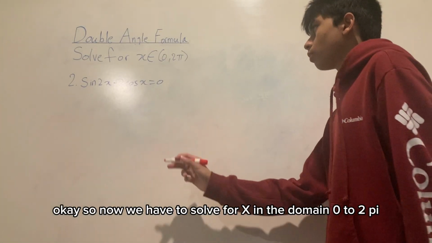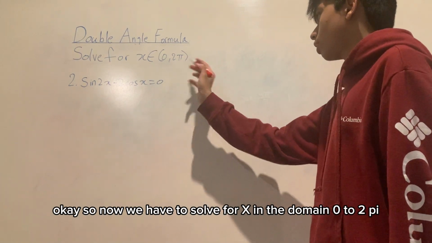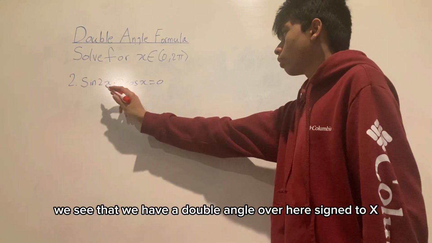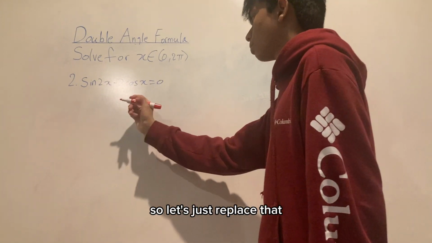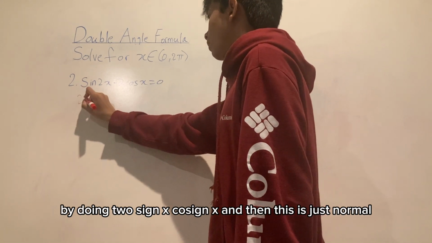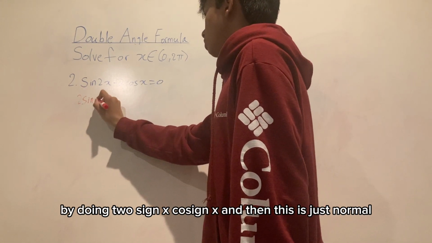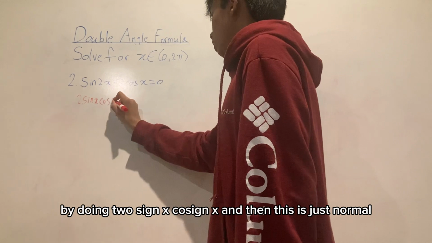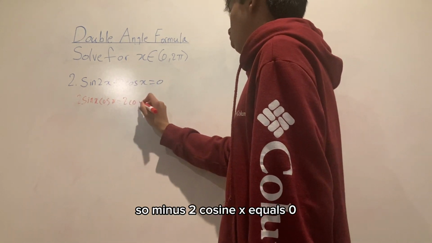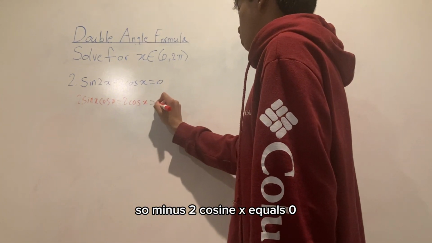Okay, so now we have to solve for x in the domain 0 to 2 pi. First of all, we see that we have a double angle over here, sine 2x. So let's replace that by doing 2 sine x cosine x, and then minus 2 cosine x equals 0.